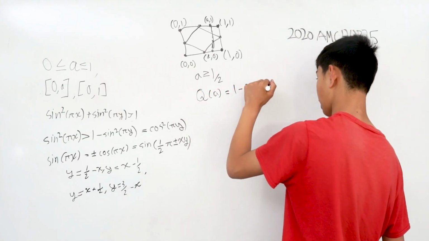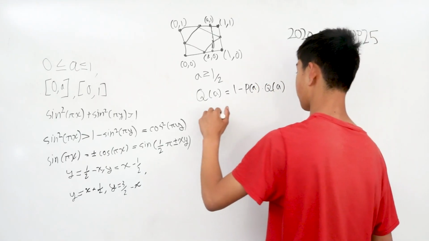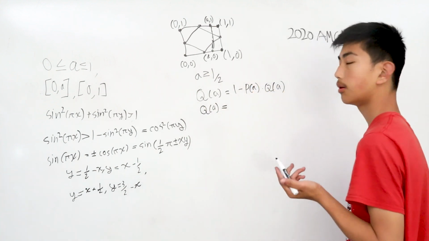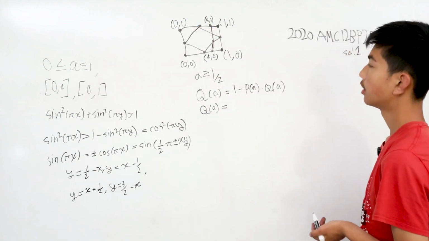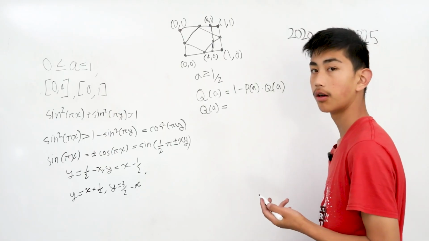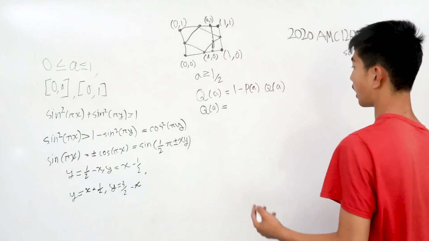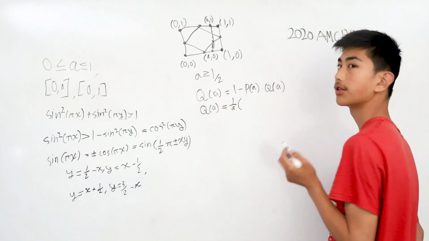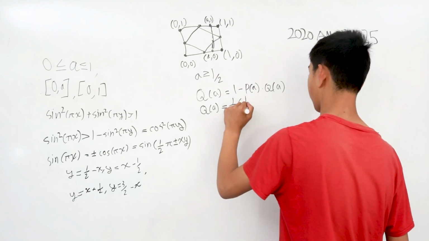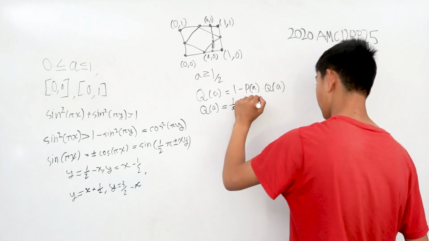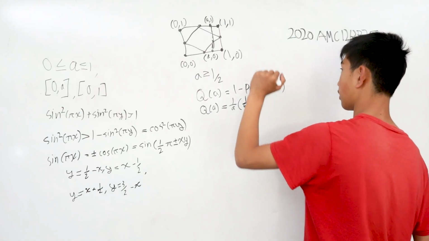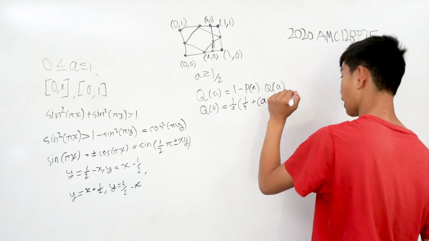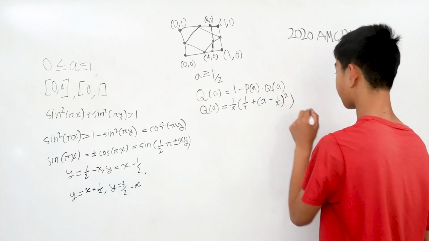Then Q(a) is equal to the sum of the areas. We have those 2 triangles, which have a combined area of 1/4, and then this side, which you first want to divide by a, and then the inside is the sum of the areas. So this is going to be 1/4, the 2 triangles, plus our length a, and then subtract from it (1/2)², because you're taking away that much area.